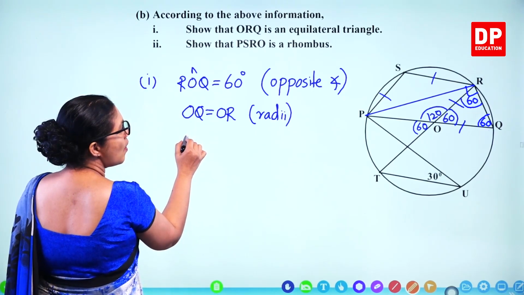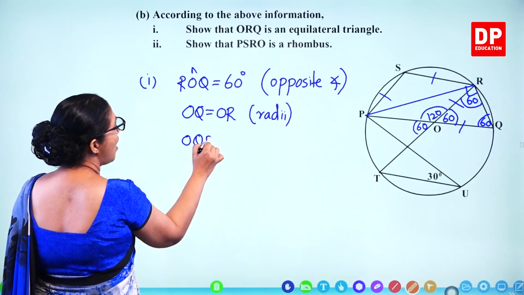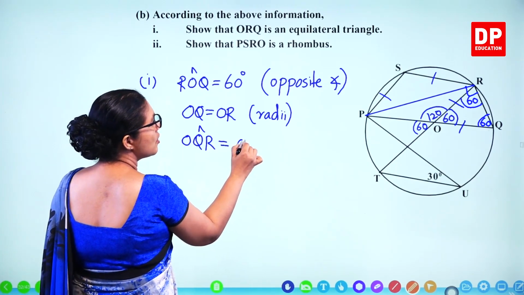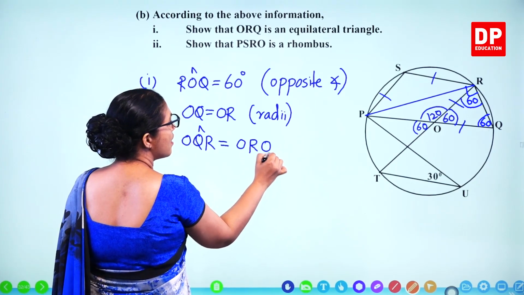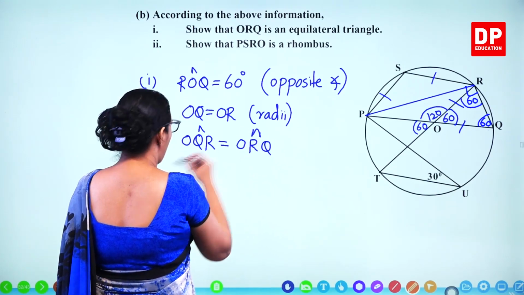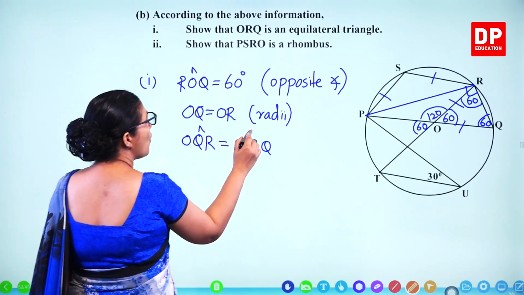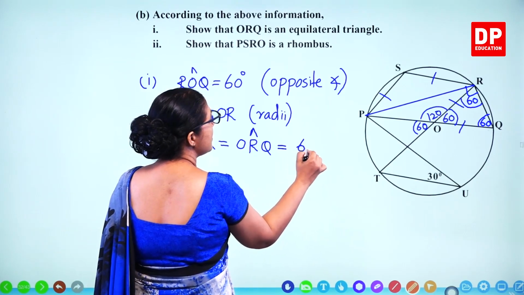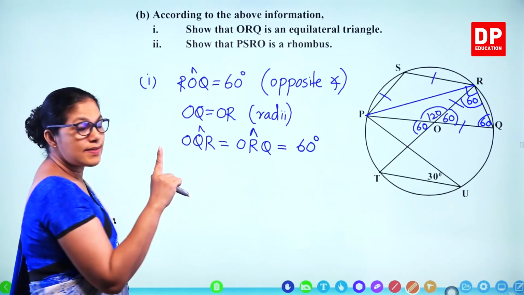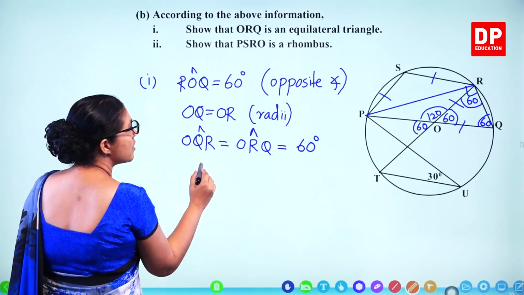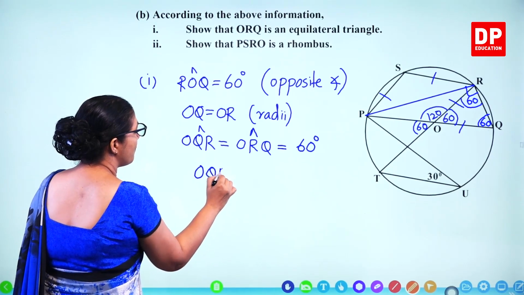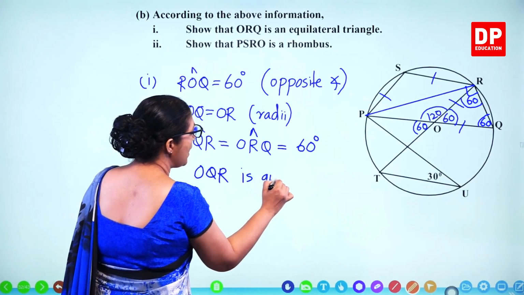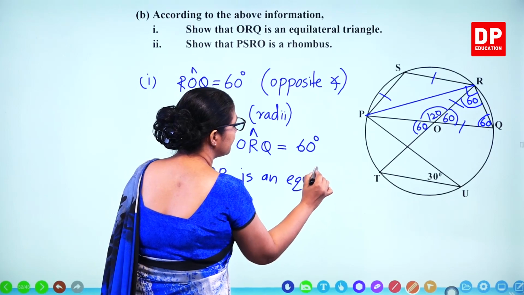That means OQR is equal to ORQ, that's 60 degree each. So that means OQR is an equilateral triangle.